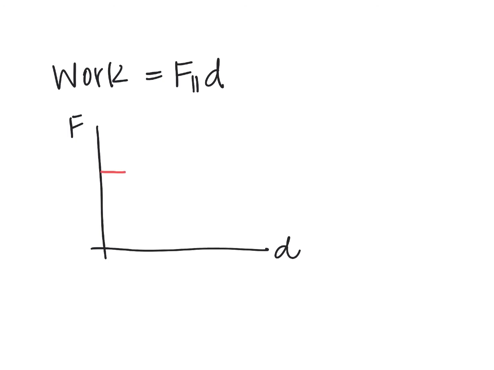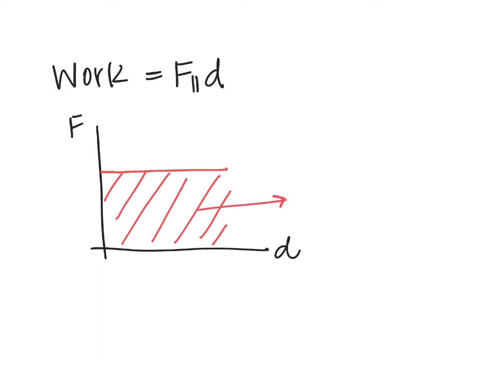If the force is nice and constant, then this works very nicely, and the area under that curve is the work. Now, that is when this force is a constant value over a given distance.